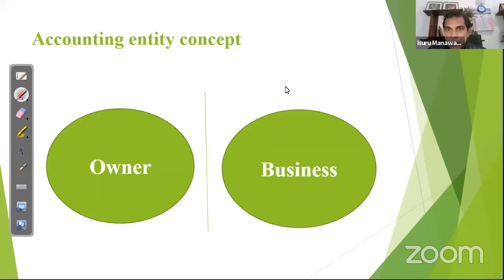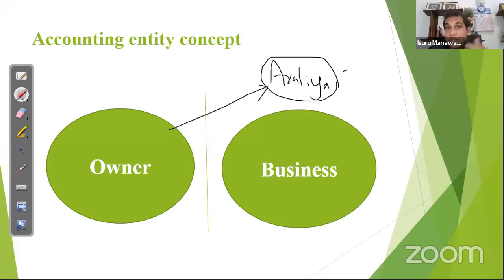Aralia entity, right? So I'm the owner. I invested initial capital, in the sense the resources which the owner invested in the business. That is called capital in simple words. I invested 50,000 in order to start this business.